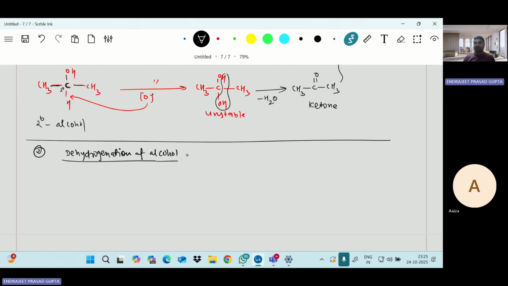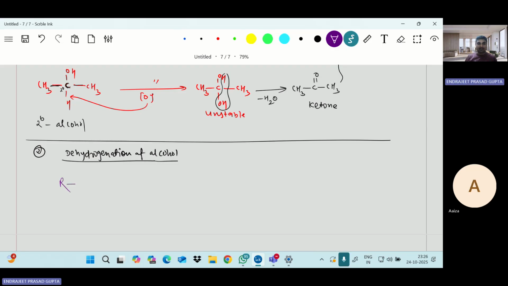Dehydrogenation of alcohol is also called catalytic dehydrogenation. How is it?